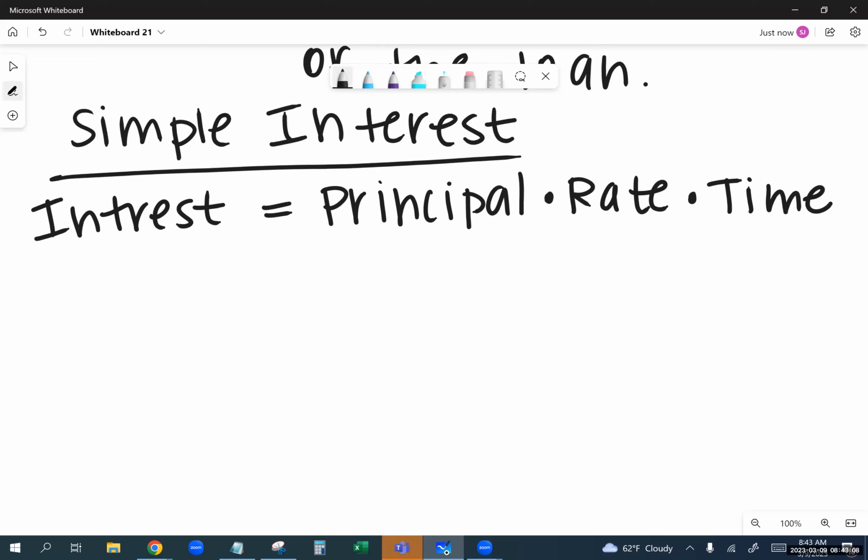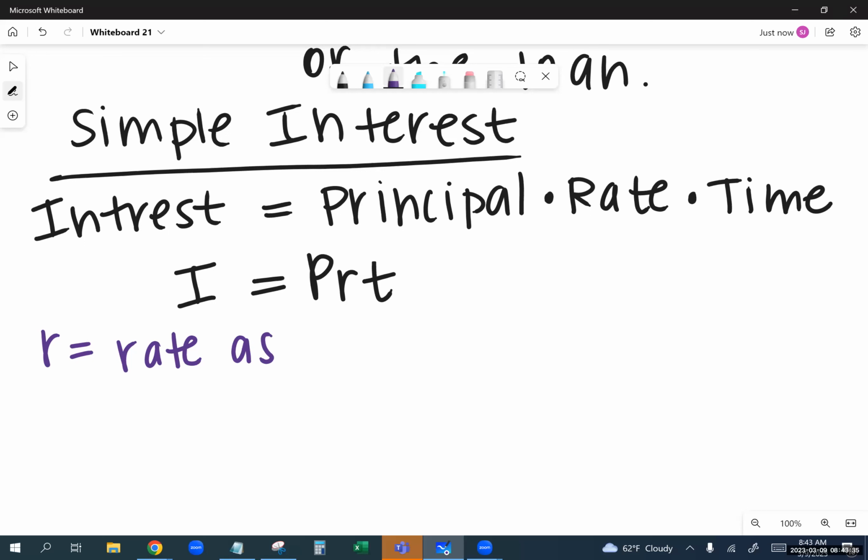Obviously, we're in math class and you know how lazy I am, so we're going to shorten that to I equals P times R times T. That is the simple interest formula. Now very important here, our rate in our formula is as a decimal, so rate as decimal.